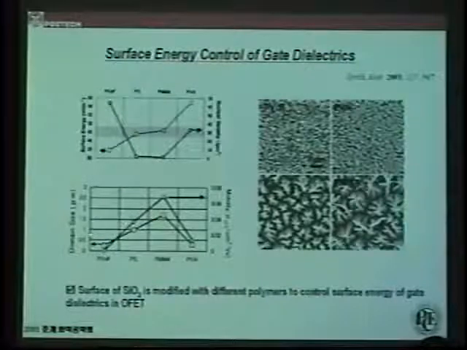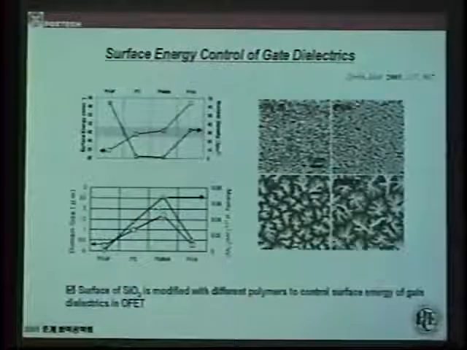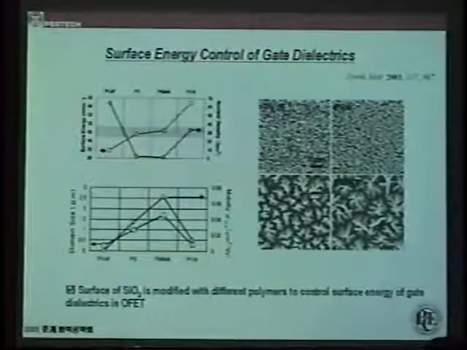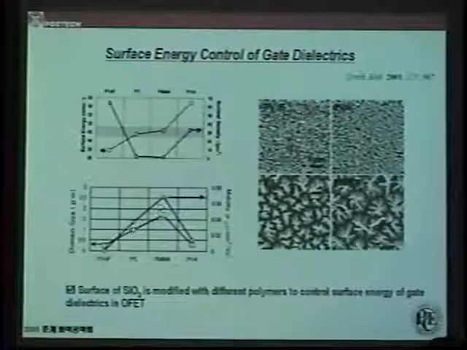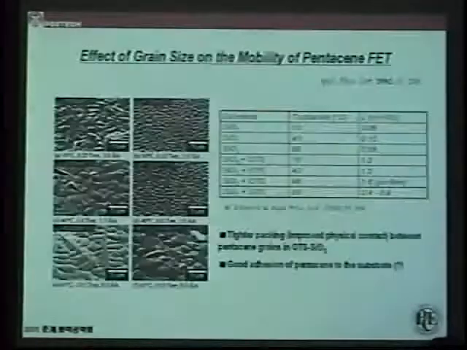So if you increase the grain size, you have a larger mobility. The reason is, if you have a large grain size, then you have less grain boundary. Grain boundaries can have lots of trap sites. So if you have a large grain size, then you can expect a large mobility.